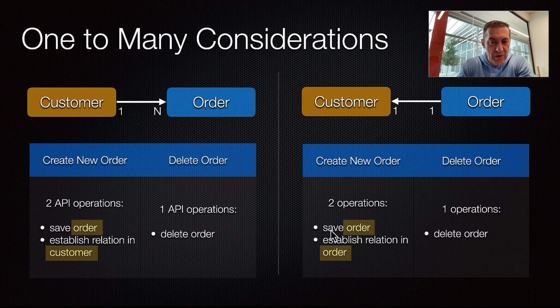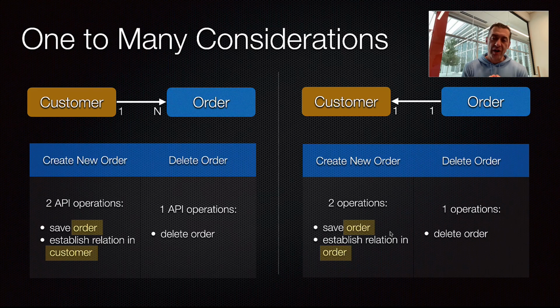In this case, we save order and we establish relation in order, which means that we're targeting exactly the same table. What you will learn later in this course is that in this case, optimizing this would be a lot easier because there are various ways in Backendless when you can actually group these operations into one. It would still result perhaps in two different API calls.